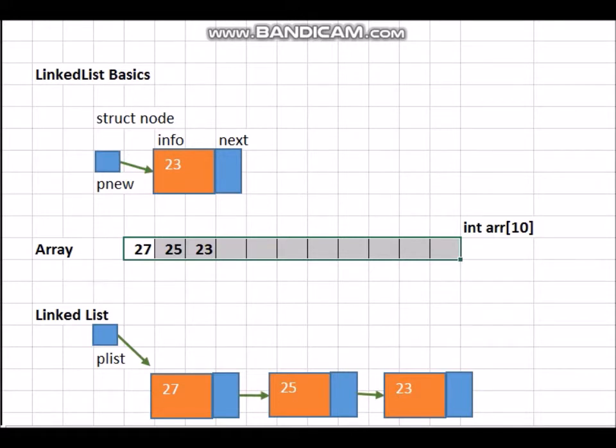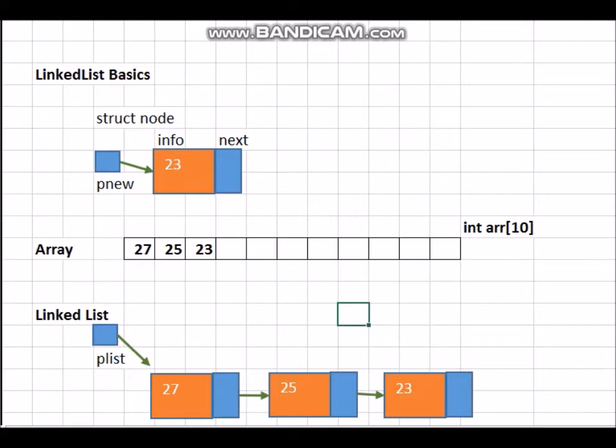The list pointer is the header, and then every node contains the information 27, 25, 23, and every node also contains a pointer pointing to the next bogie, such that this train is connected to each other. Now if I want to insert a new node, it's a very simple task of making a new box and connecting the arrow. In the case of the array, if I want to go beyond 10, I could not have done it.